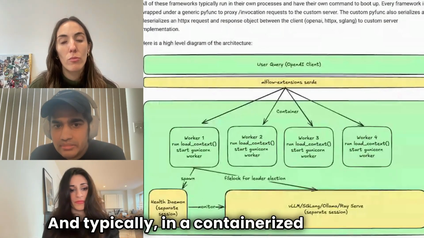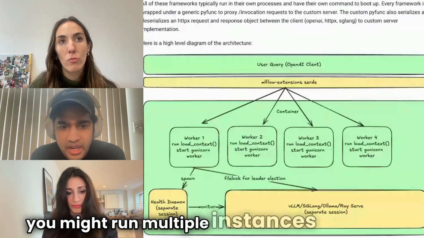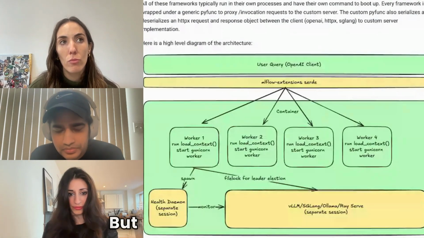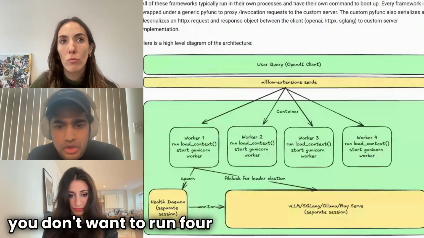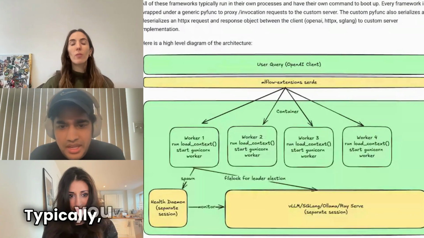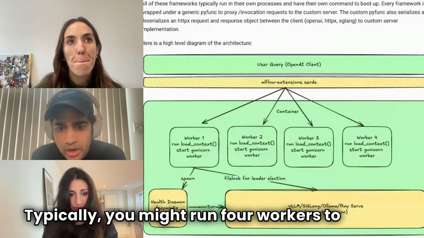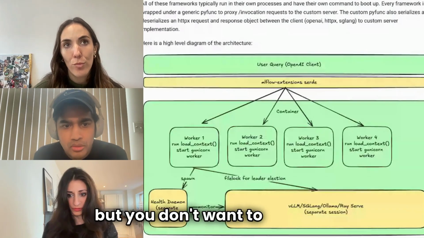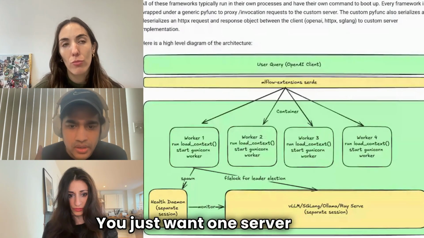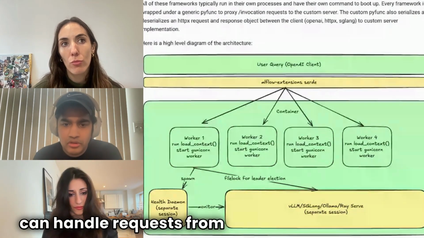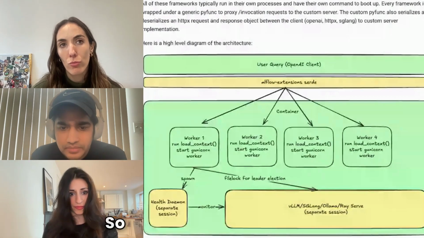Typically, in a containerized solution, you might run multiple instances of the model. But in a given container, you don't want to run 4 servers. You might run 4 workers to handle requests, but you don't want to run 4 servers of vLLM or TensorRT. You just want one server that can handle requests from 4 different workers.